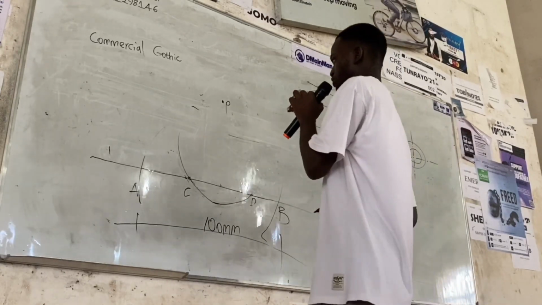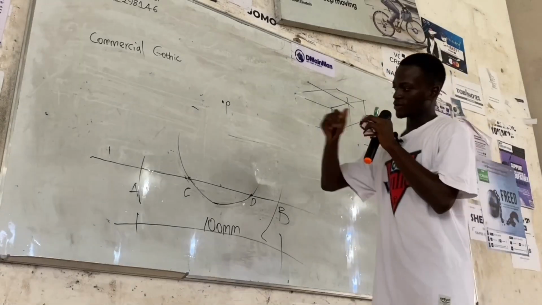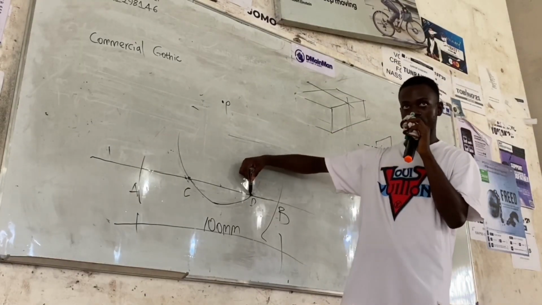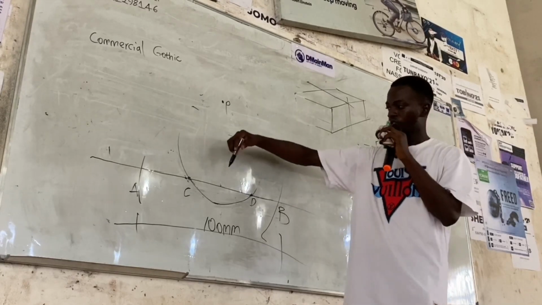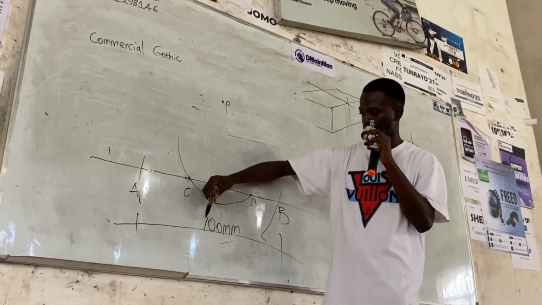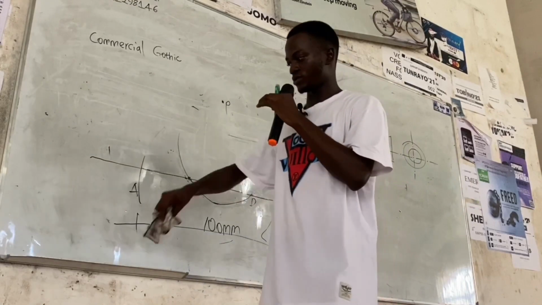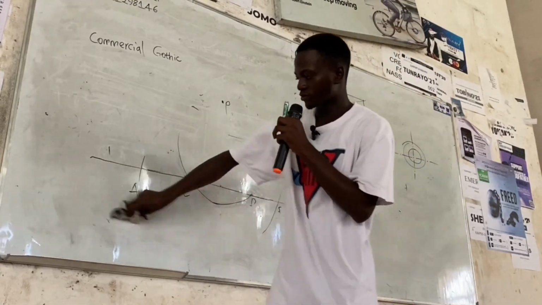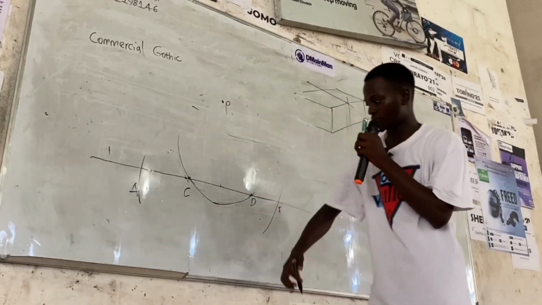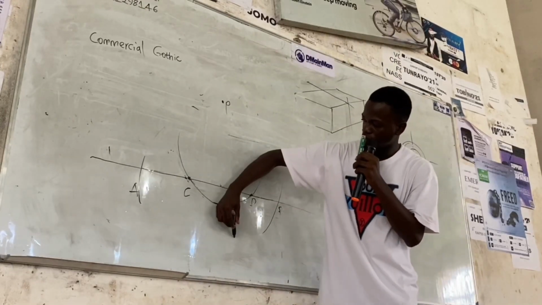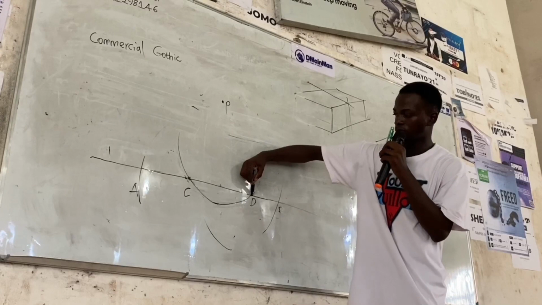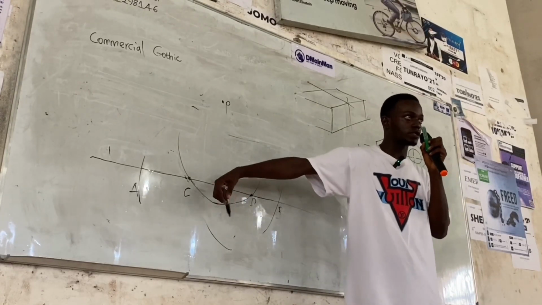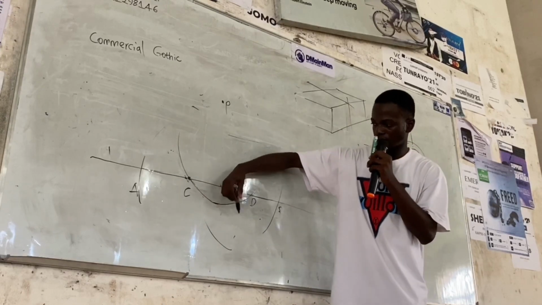The next thing you are going to do is that from this point and this point, looking at our center line, you strike an arc down here. Let me just erase this 100 millimeter so that I won't get confused. Then from D, another arc to intersect this other arc.